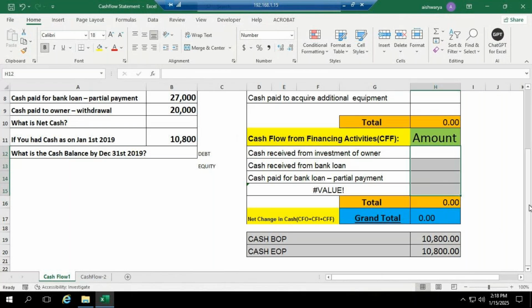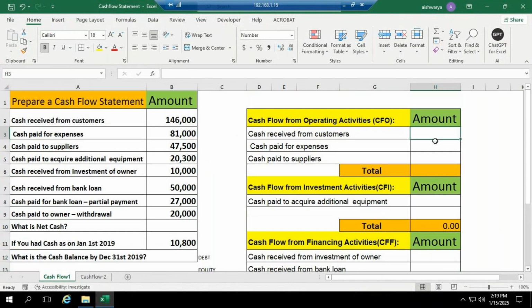Now here, if we are receiving the cash, then we have to put the amount directly, that means it will be in plus sign only. If we are paying the cash, then we have to put minus. If the money is going out from us, you have to put a minus sign.